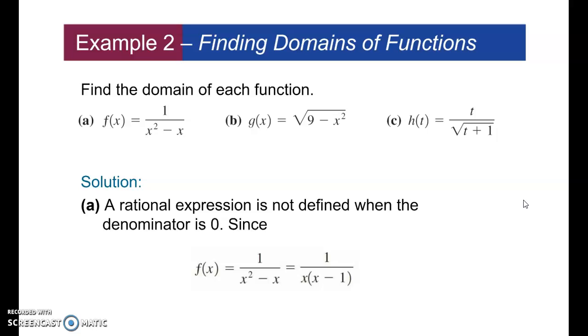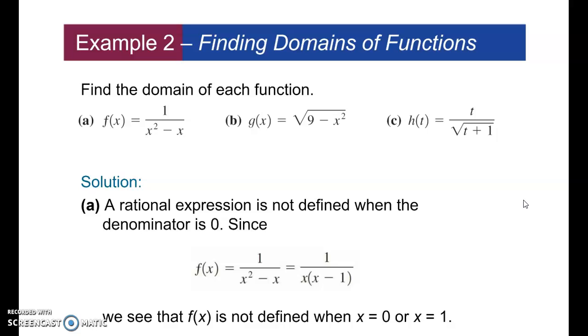Neither of those factors can equal 0, because if either of them did, we'd be dividing by 0. Therefore, x cannot equal 0, nor can x minus 1 equal 0. If x cannot equal 0, that is a number that is not a part of our domain.